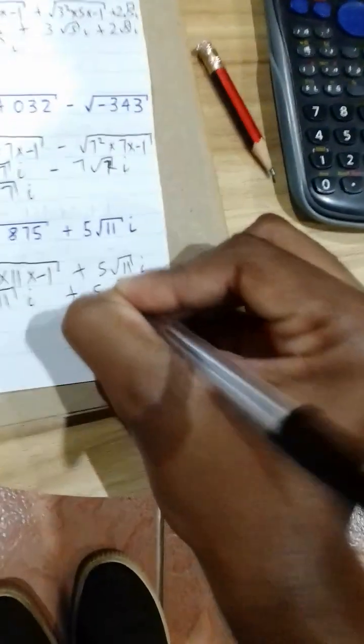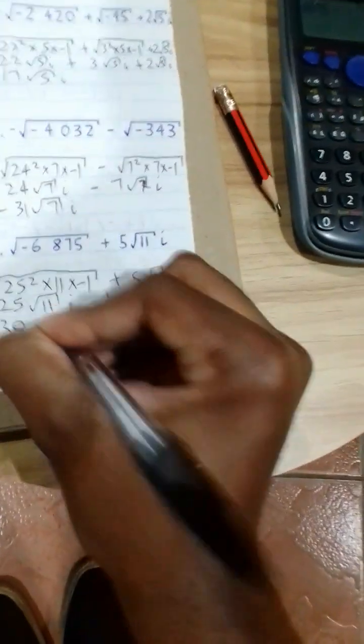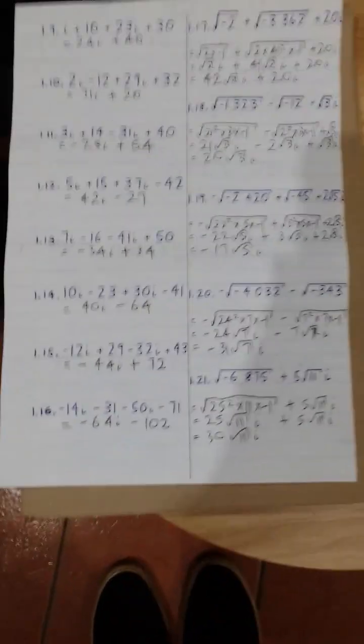Square root of 25 squared is 25, then square root of 11, then i, plus 5 square root of 11 i. 25 plus 5 is 30, square root of 11, then i. Okay, I know that my camera was shaking towards the last segment. I hope that is clear and I hope that makes sense.